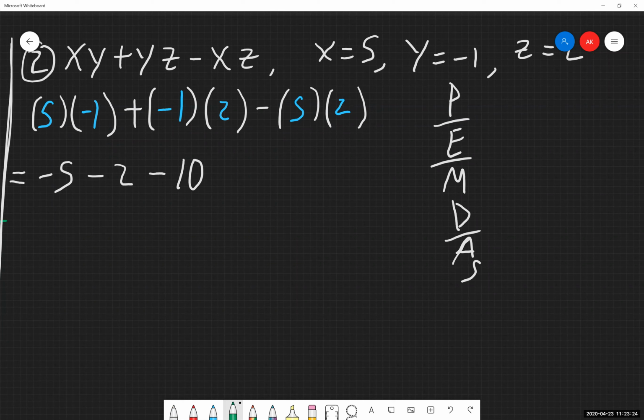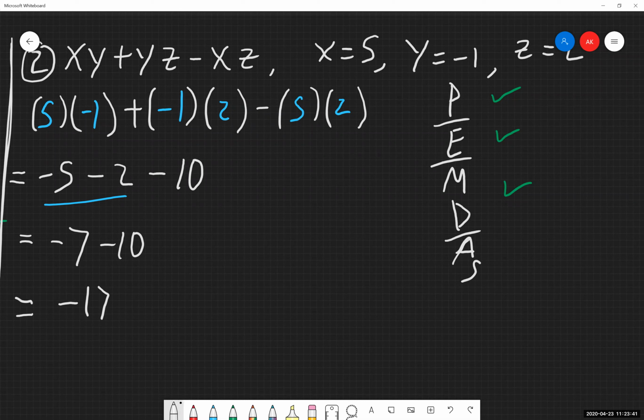So I'm done with parentheses, done with exponents. I have no more multiplication, division, and I'm just going to add everything together. So I'm just going to add the first two parts. That's going to give me a -7 minus 10. And then add those. That's going to be a -17. And then I'm done. Okay. Not much else to do there with that.